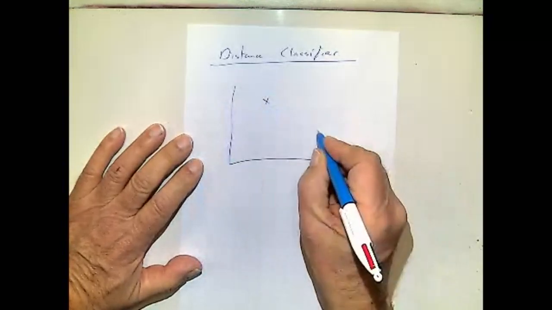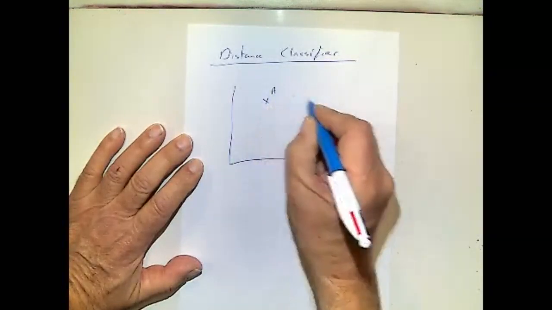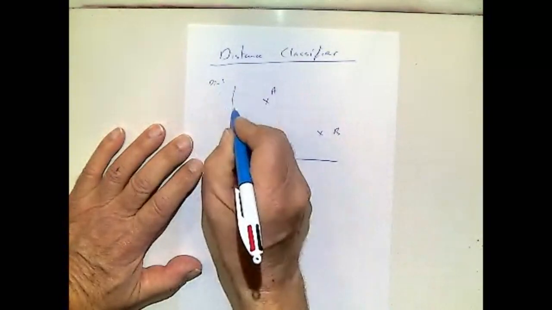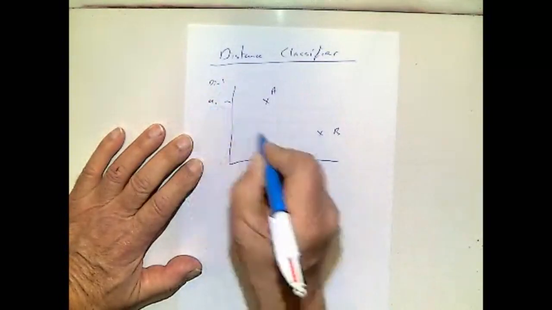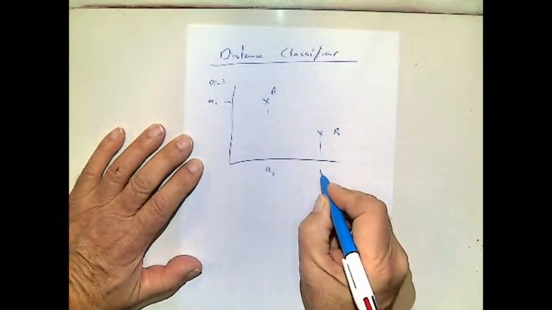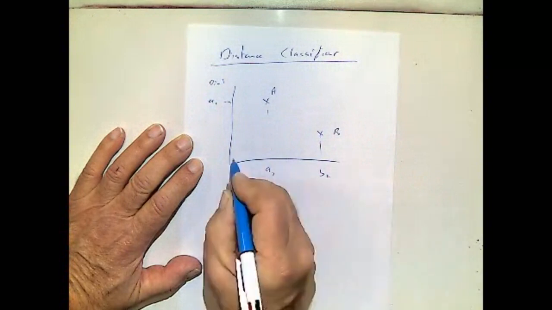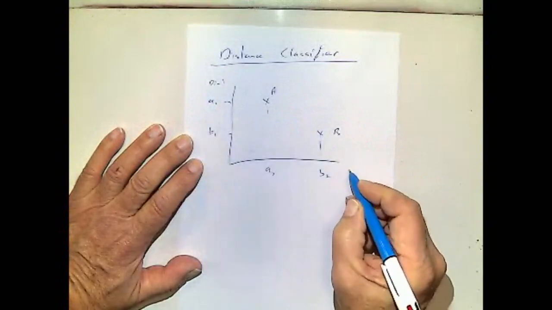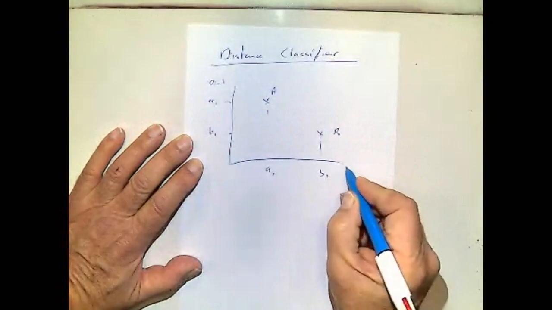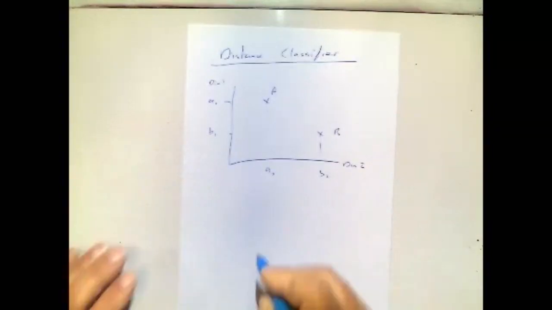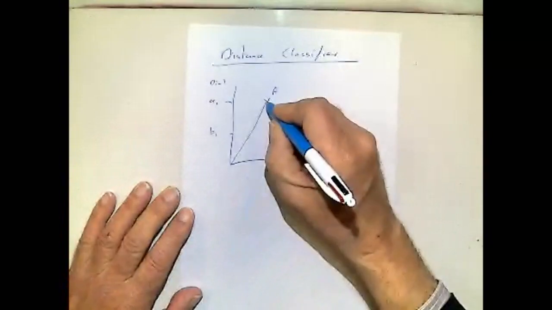if I have pattern A there and pattern B there, and this is going to be dimension 1, let's call that A1, and this is going to be A2, B2, and B1, and that's going to be dimension 2. So that's the idea. There's the vector.